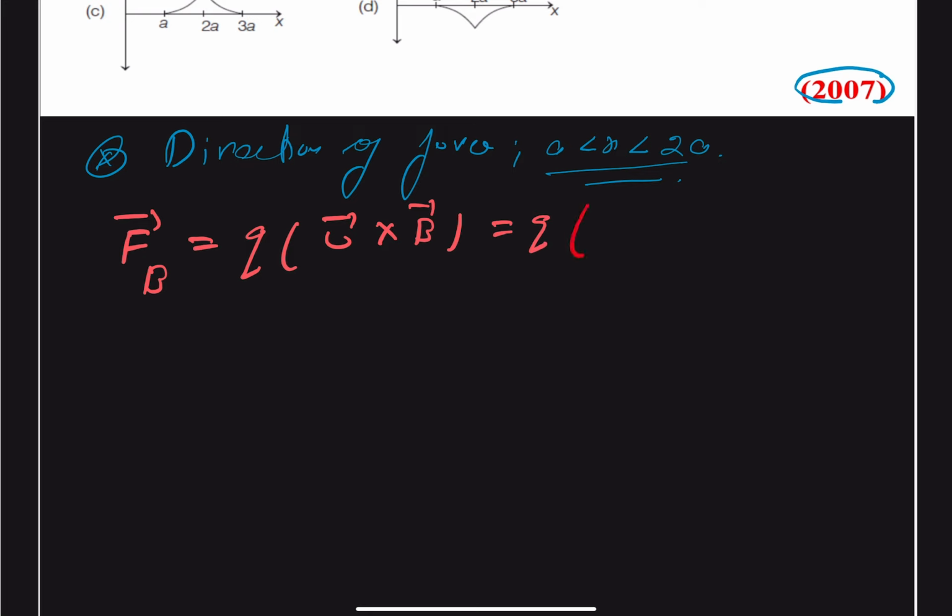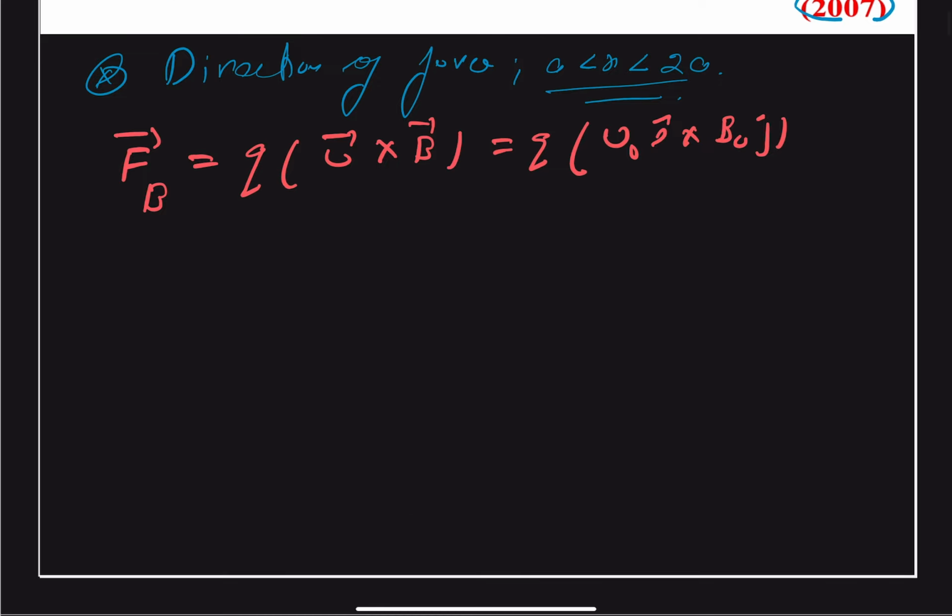We get q, v naught i cross B naught j, and this gives us that the magnetic force will be equal to q v naught B naught k unit vector. So it means the direction is along the positive z direction, and the charge will move in a circle in the xz plane.